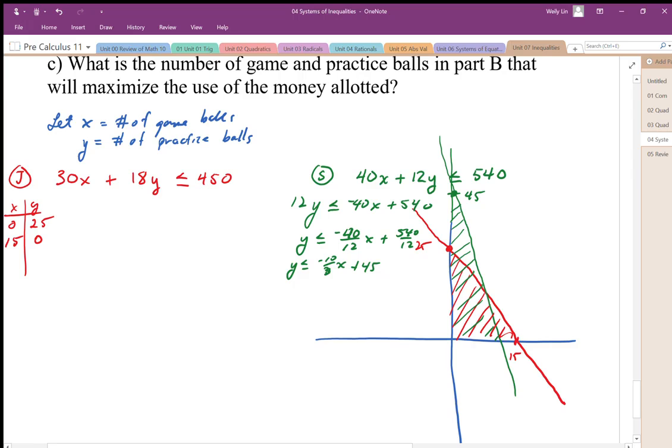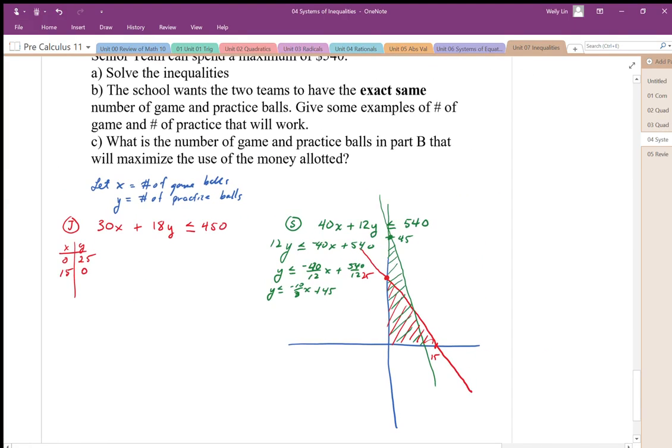Now, it's not necessarily a system, although if we want them to have the same number of game balls and practice balls, that would then be this region in here, and they will be spending within their budget. Both would be spending, in fact, below their budget if they buy practice balls here. So let's analyze this problem. It says solve the inequalities, so I've drawn the inequalities.